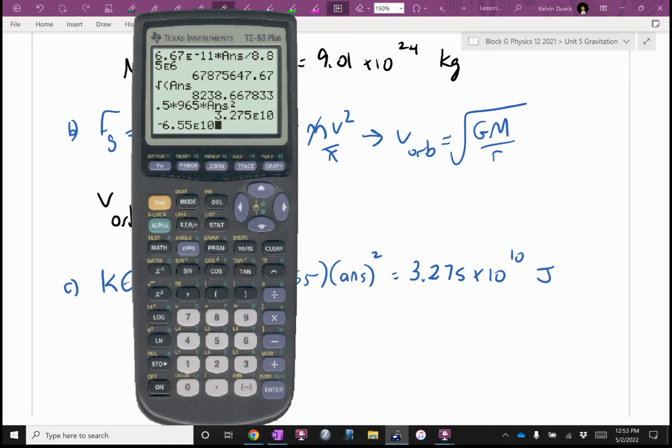Times 10 to the 10th? I told you there is a pattern. Your kinetic energy in orbit is half of your potential energy, but positive. So if I was really lazy, or if I couldn't get part B, I can still get part C, even though I couldn't find orbital speed. Divide the potential energy up there by 2, make it positive. That's the kinetic energy.